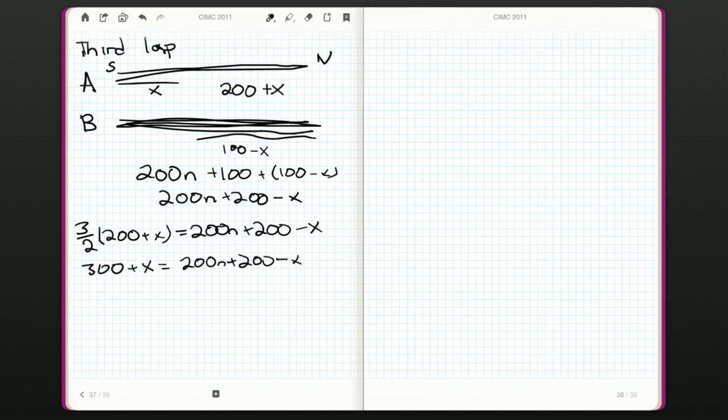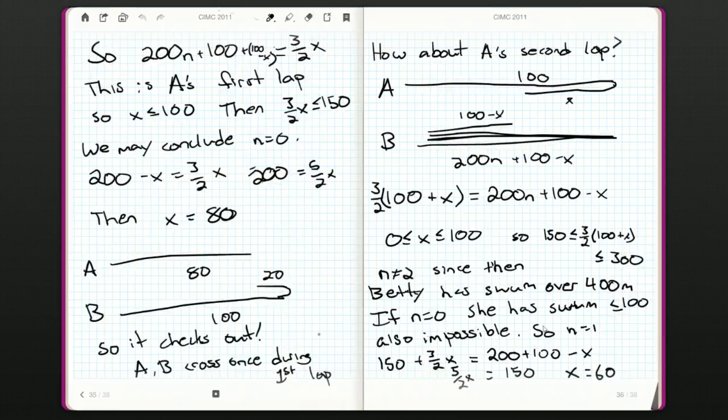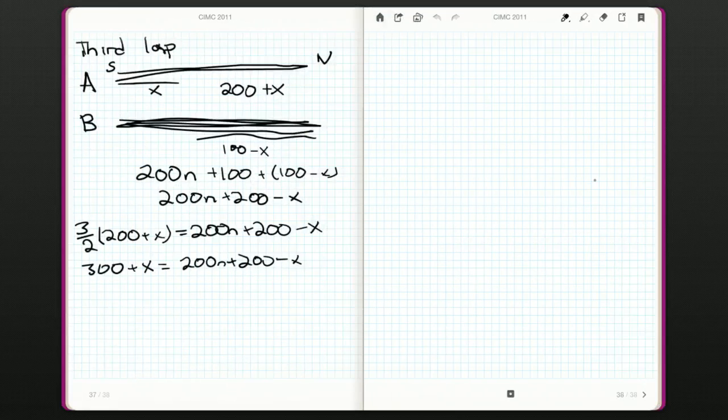She will have already gone from S to N back to S, just based on the existence of the fact that she already swum one S to N to S, so one full trip. She's already done one full trip, and that was just in Alice's second lap. So we already know that N is definitely going to be at least 1. But let's take another look.